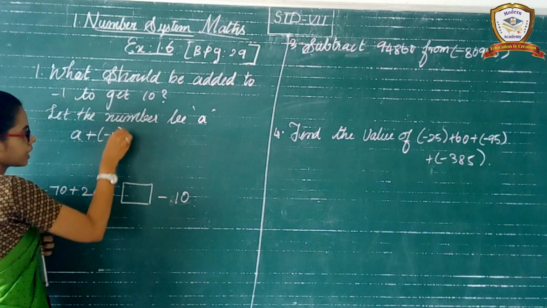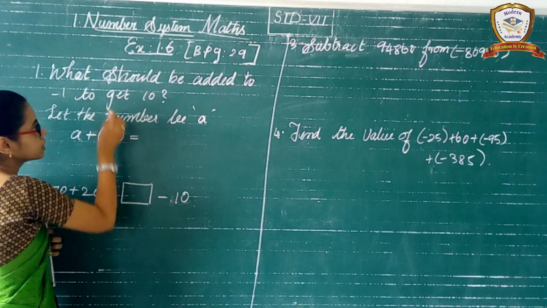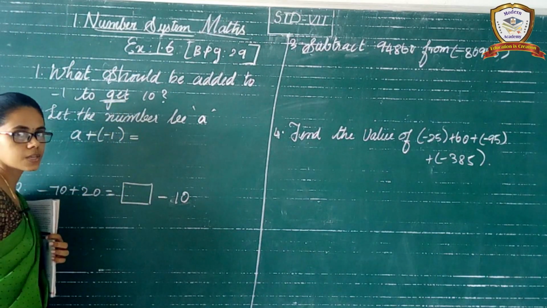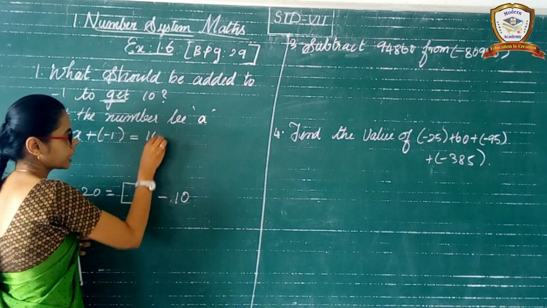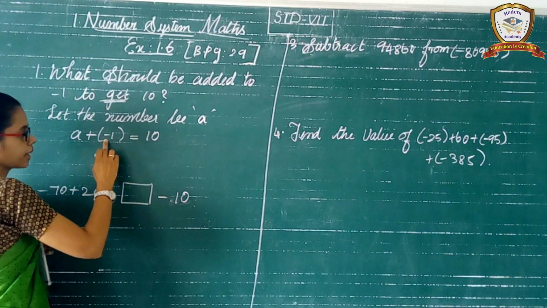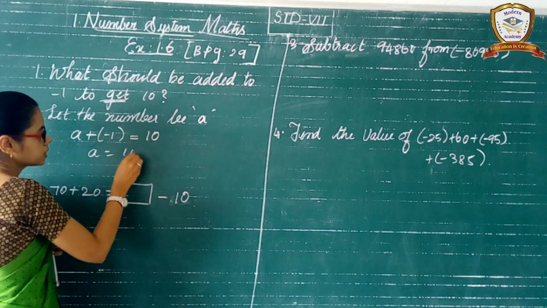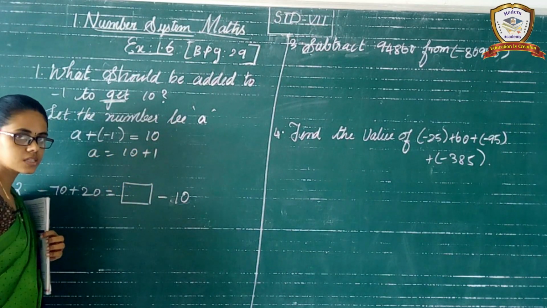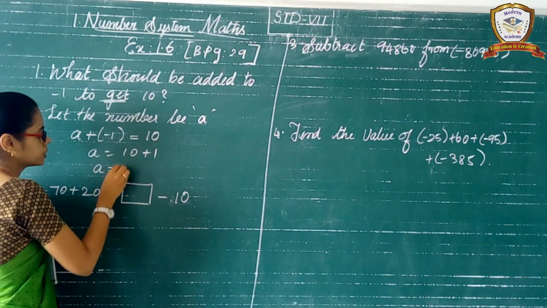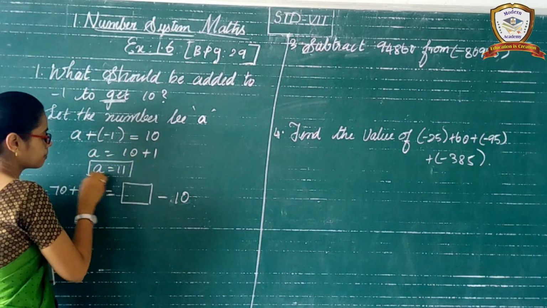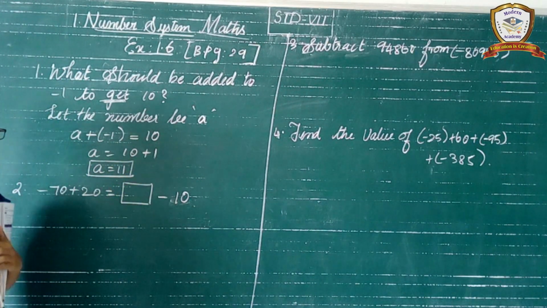So we use bracket and minus 1. To get means equal. So to get means in maths equal to 10. Okay, so that minus 1 goes to that side means plus. So A equal to 10 plus 1. So what's the answer? A equal to 11. So the number equal to 11.